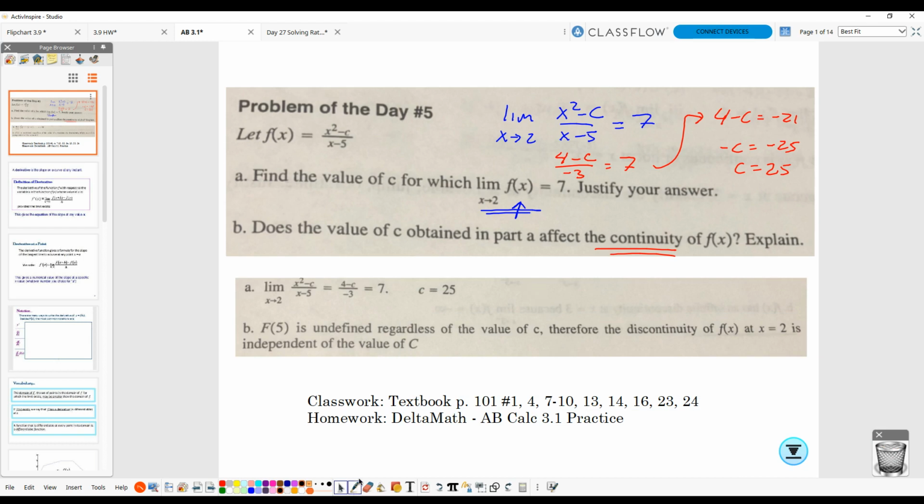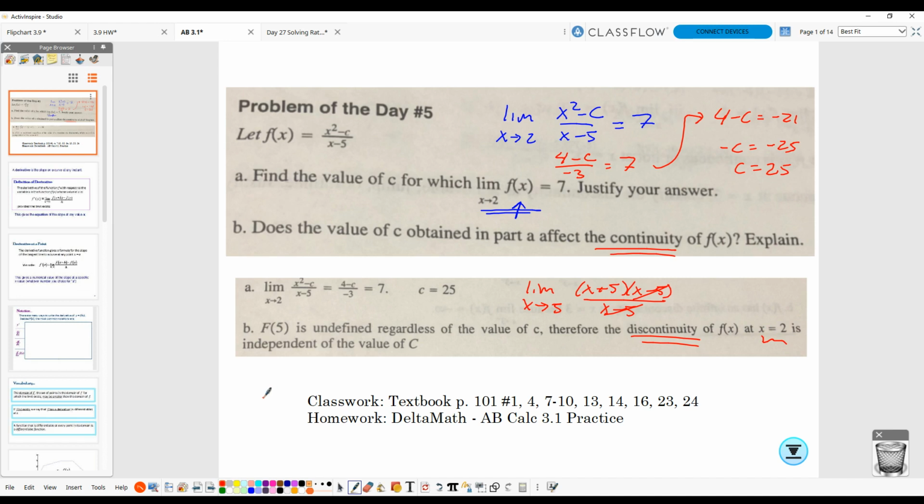If we check at 5, the function factors, and this is a removable discontinuity, but it's not removed. So it's still a discontinuity at x equals 5, even though we were asking about x equals 2. You need to consider the whole function.